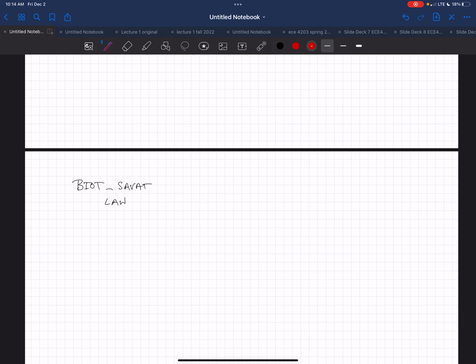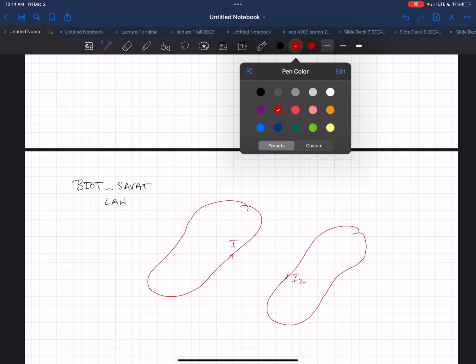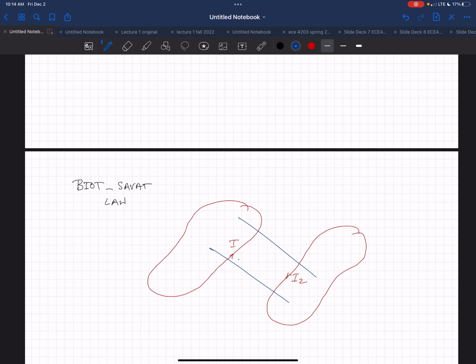People discovered that if you had two current loops, with a current running through here, let's say, and a current running here, and you just looked at any particular segment, that these two actual wires would either be attracting each other or repelling each other, depending on the relative direction of the currents.